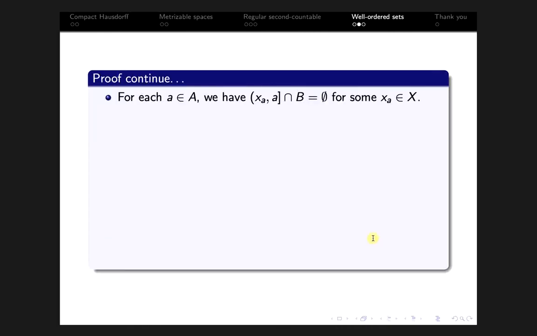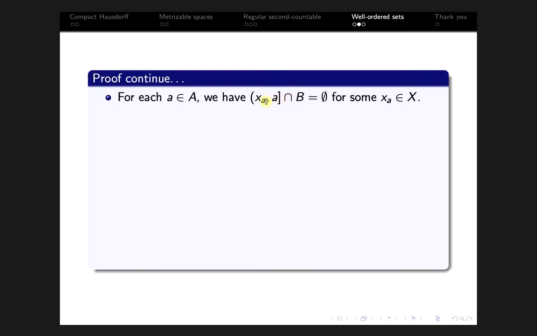Now for each point little a in the closed set A, we have a basic open set (xa, a] with intersection with B equal to the empty set. Why will such a basic open set containing a exist?